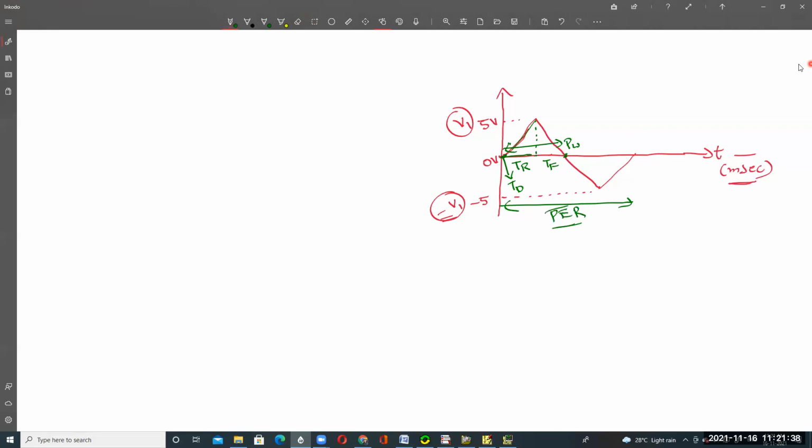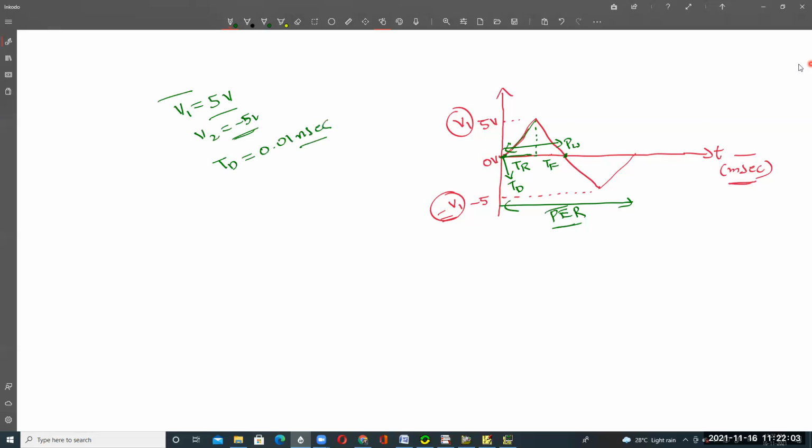For example, in PSpice we will take V1 equal to plus 5 and V2 equal to minus 5, and the delay time is very small, 0.01 nanoseconds.